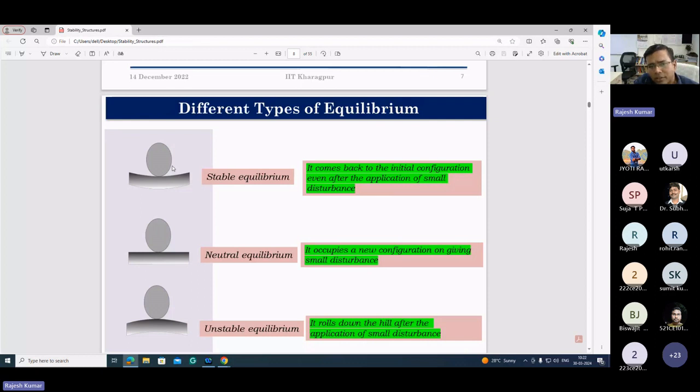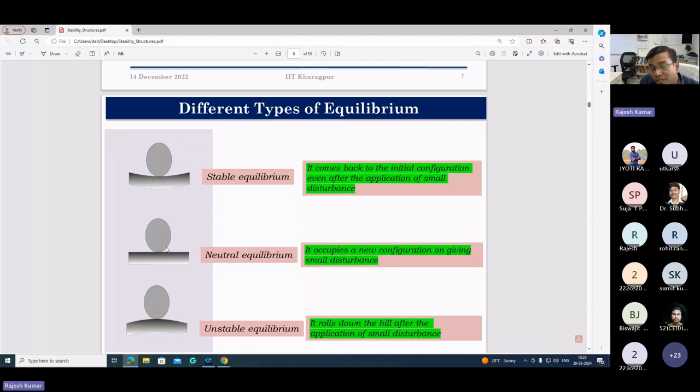Then what will happen? It comes back to the initial configuration even after the application of a small disturbance. You give a very small disturbance and check whether it comes back to the original configuration or not. If it comes back to the original configuration, that is known as stable equilibrium. Now the second is neutral equilibrium.